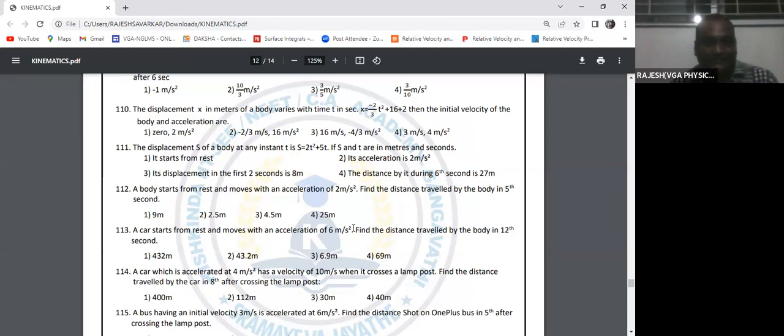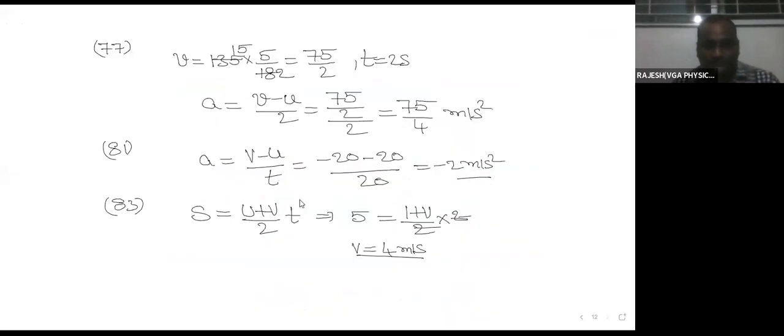So 9 meters. A car starts from rest and moves with an acceleration of 6 meter per second square. Find the distance traveled by the body in 12 seconds. So again Sn. u is 0, they told. So a by 2 of 2n minus 1. That is question 113.